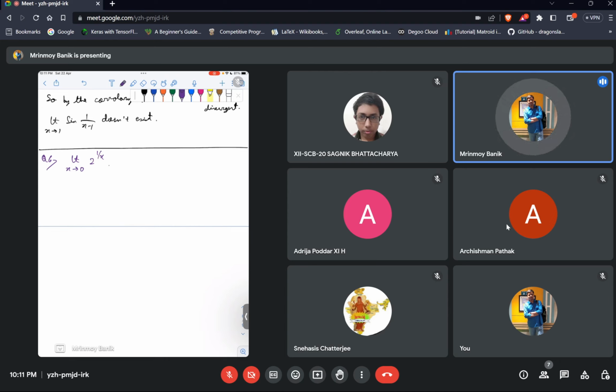So as x tends to 0, 1 by x actually blows up to infinity, right? And this is basically a hyperbola.